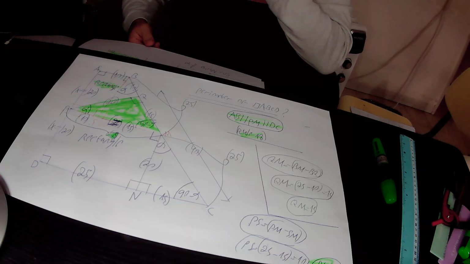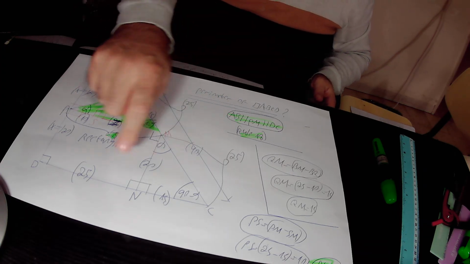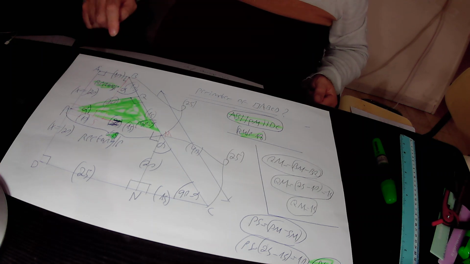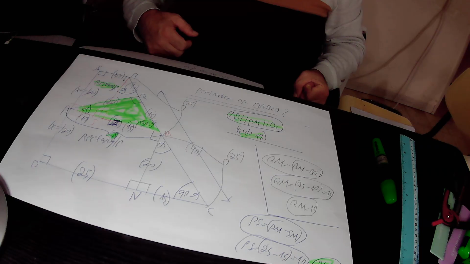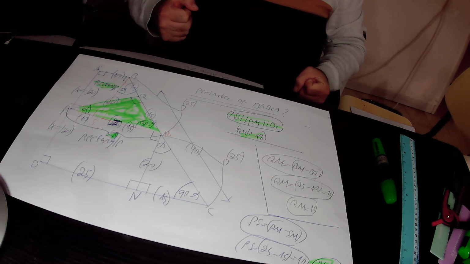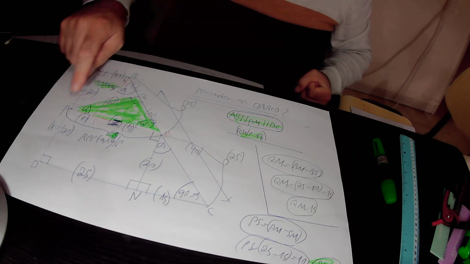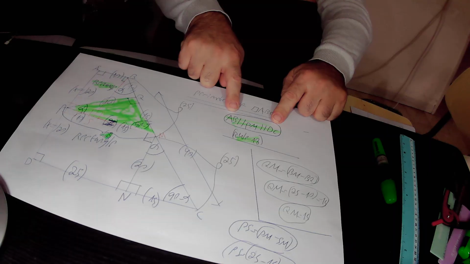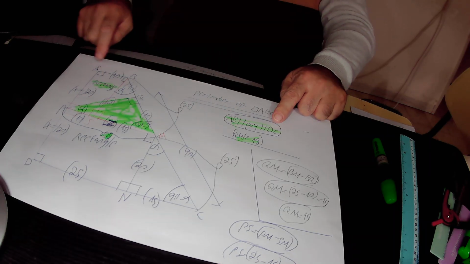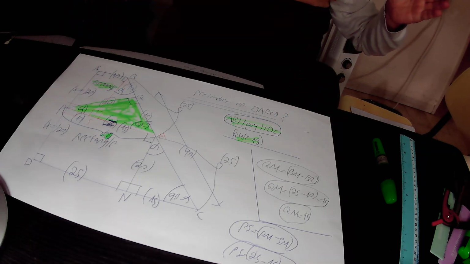So here we have quadrilateral ABCD. Quadrilateral ABCD is a trapezoid. Why? Because the definition of a trapezoid is a quadrilateral with one pair of parallel sides. In quadrilateral ABCD, side AB is parallel to side DC according to Rule 18, and therefore quadrilateral ABCD, which has one pair of parallel sides, is defined as a trapezoid.